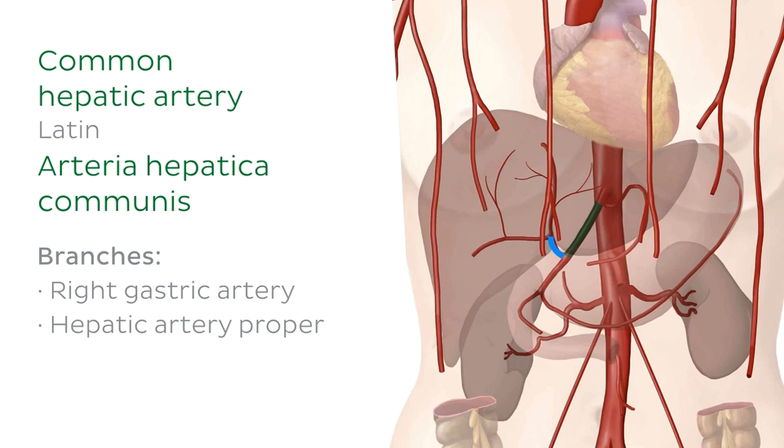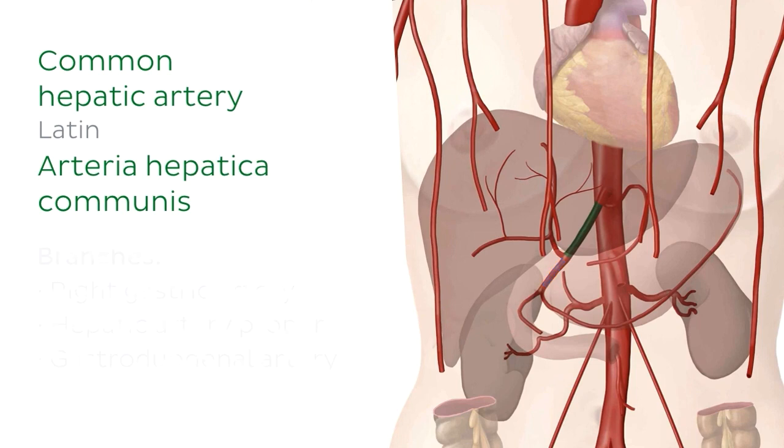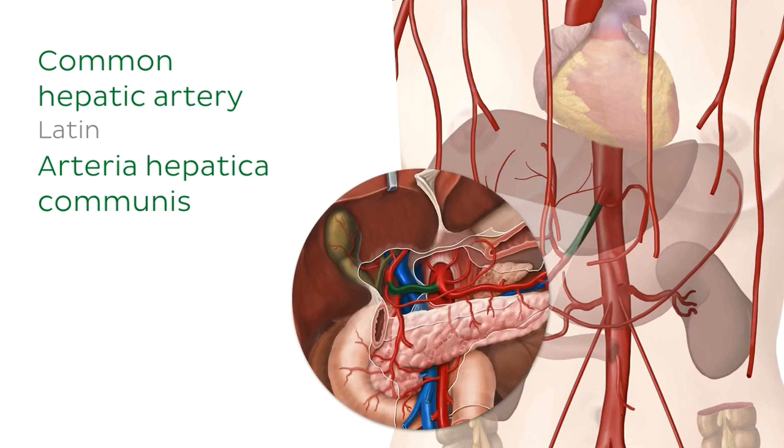Instead, it goes on to divide and give rise to the hepatic artery proper, along with the gastroduodenal artery. We can get a better look at these branches in this image just here. Over here, you can see the right gastric artery, the hepatic artery proper, and the gastroduodenal artery.